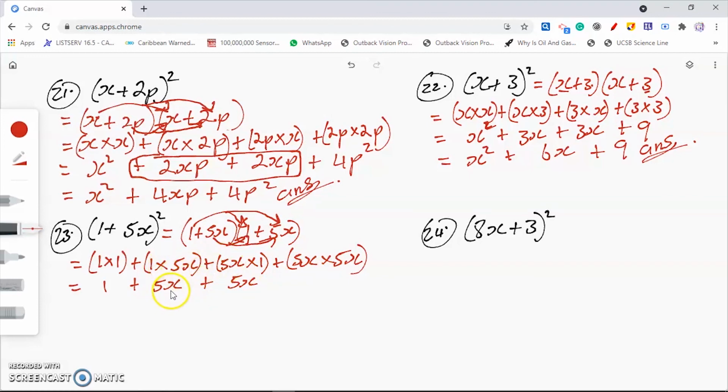Plus 5x times 5x: 5 times 5 is 25, and x times x is x squared, so we get 25x squared. Simplifying, 1 plus 5x plus 5x is 10x. So 1 plus 10x plus 25x squared. And that's our answer there.